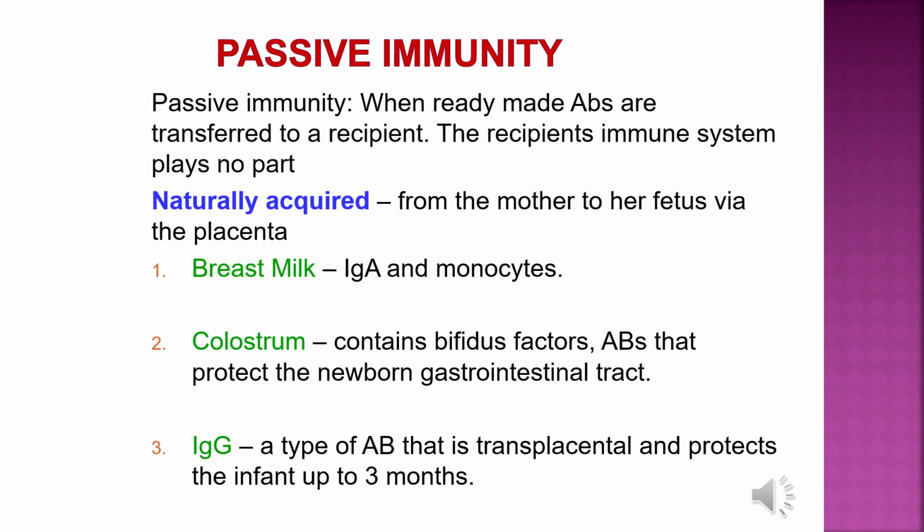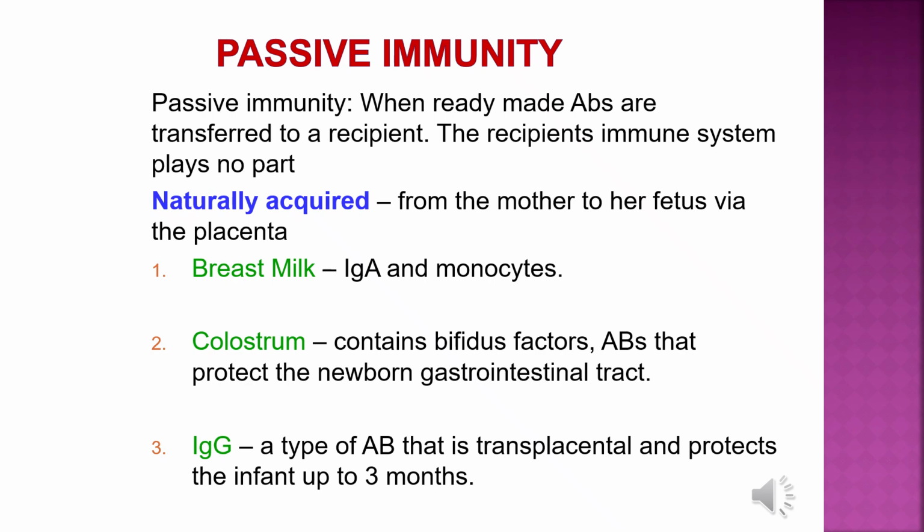Passive immunity: when ready-made antibodies are transferred to a recipient, the recipient's immune system plays no part. It is called passive. It is only the transfer of antibodies or immunoglobulins. It is of two types: natural and artificial. Naturally acquired is from mother to fetus via the placenta, and other examples are breast milk, which contains IgA and monocytes, and colostrum, which contains bifidus factors and antibodies that protect the newborn from gastrointestinal infections.